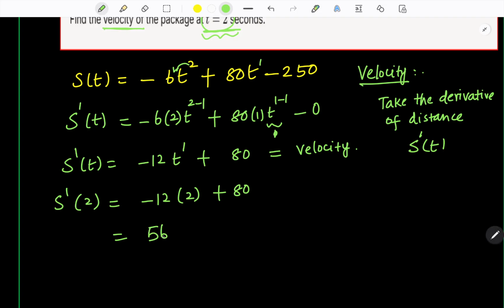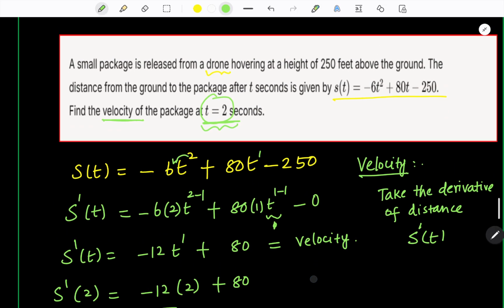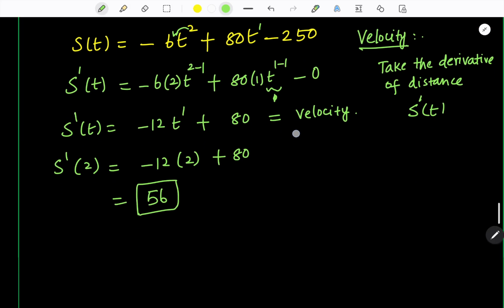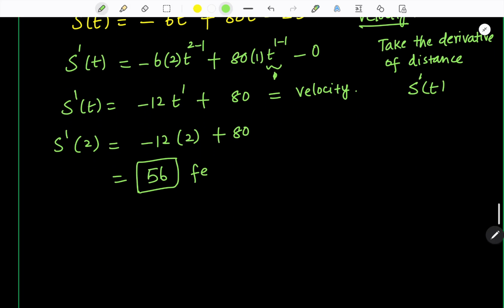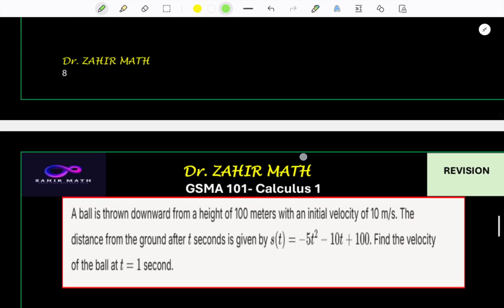You can write 56, but if you still want the units, it is given in feet. Normally the short form we use is ft. So ft per second for velocity. Acceleration means you have to put square, but still no need. You can write 56. Okay, right.